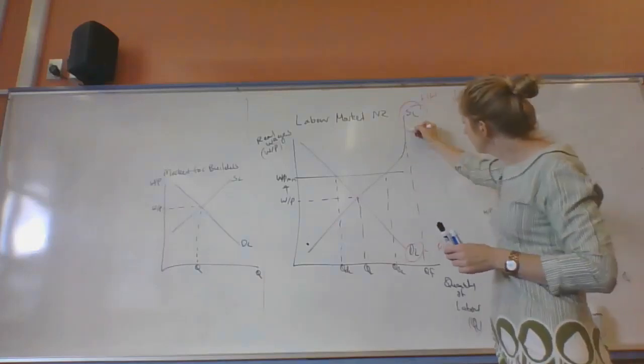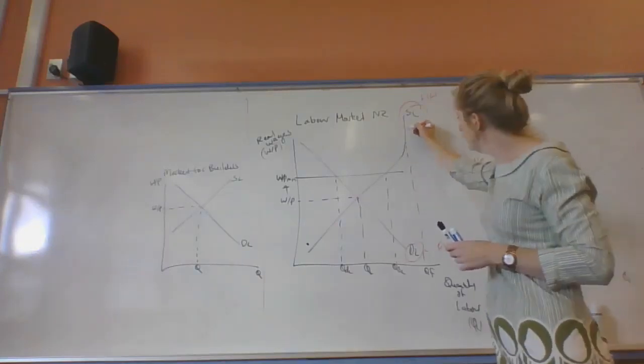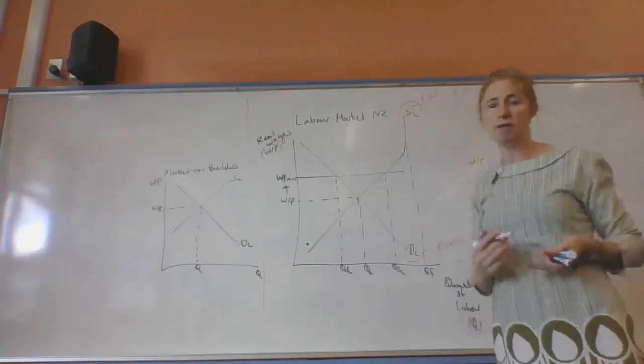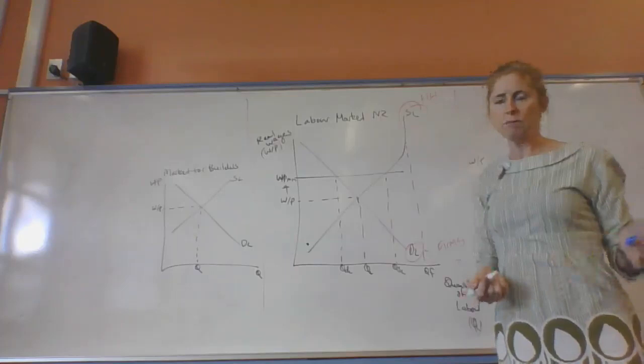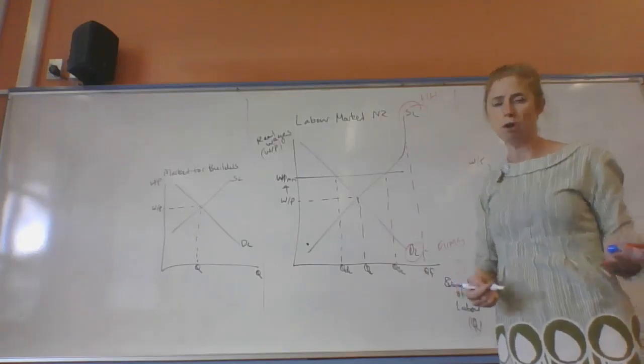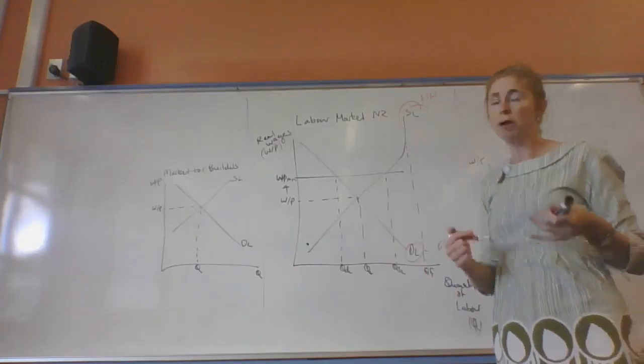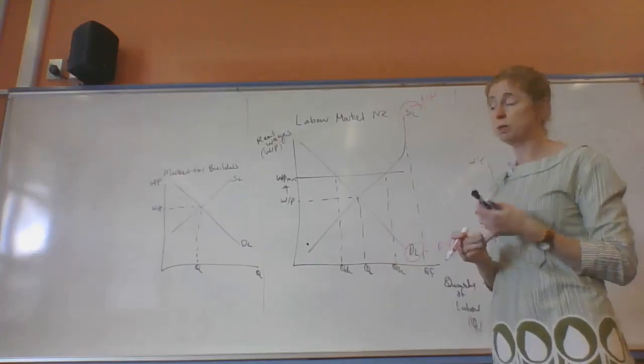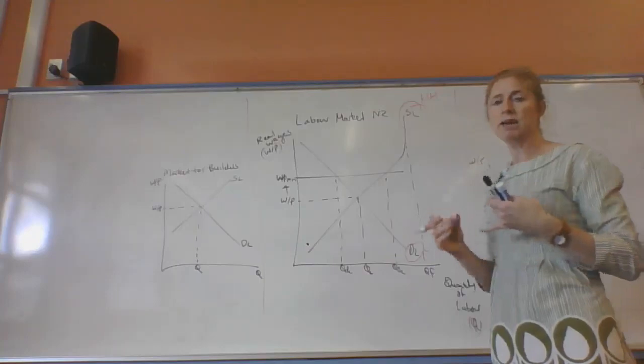And it becomes vertical in the long run. Most labour market models show you this, because in the long run, there is a fixed amount of labour that can be supplied. There are only so many people in the population at any one time. Actually, in this labour market, some of those people are in hospital, some are at school, some are in prison. Not everybody is in the labour force.